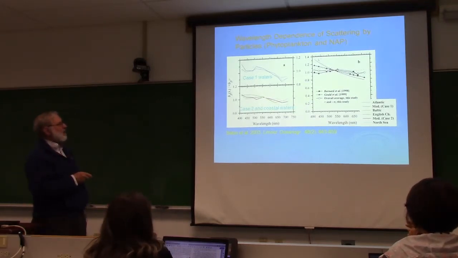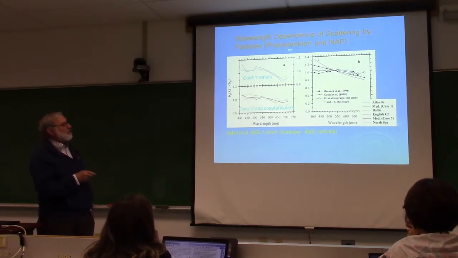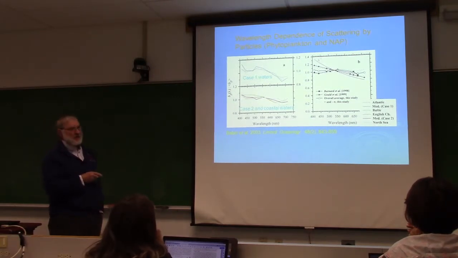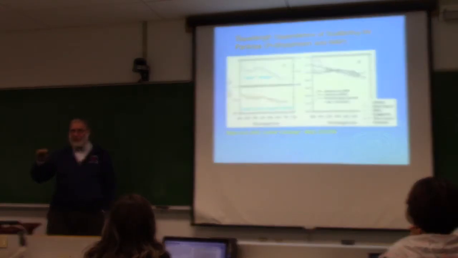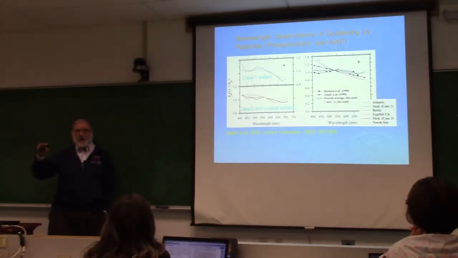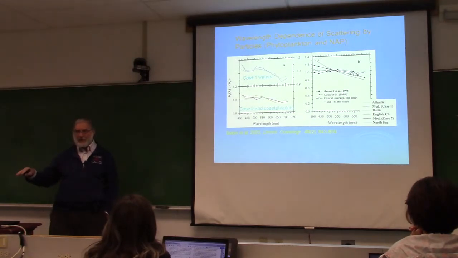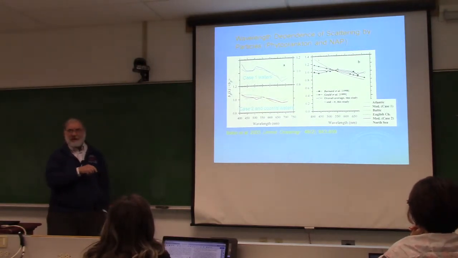So here's measurements of scattering by particles, and this includes phytoplankton and non-algal particles in case 1 and case 2 waters. Now, case 1 waters are waters where the chlorophyll-bearing particles, the phytoplankton, dominate the optical properties of the water. Case 2 is simply everything else.